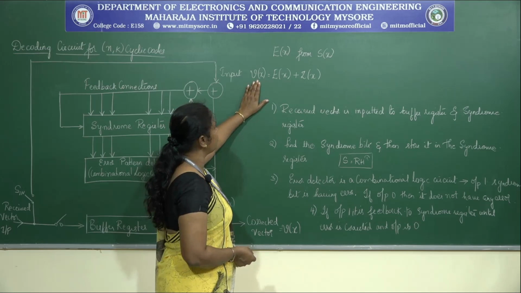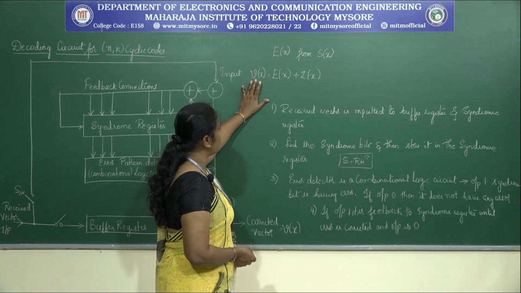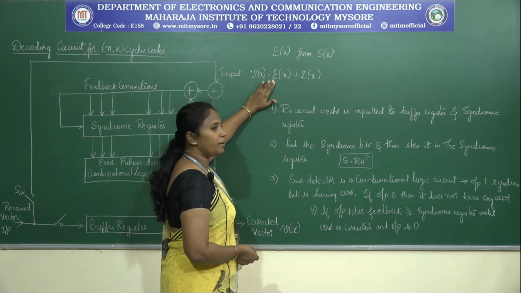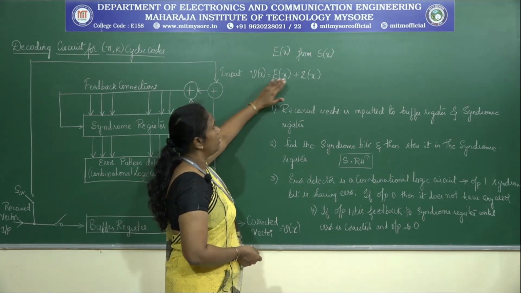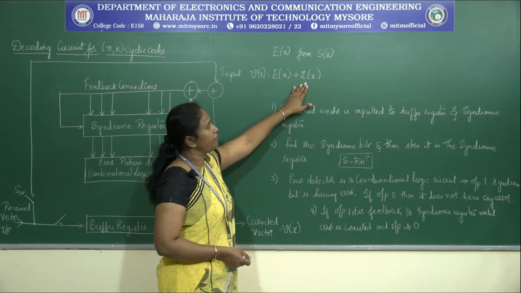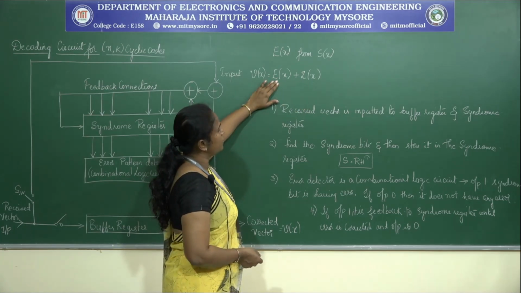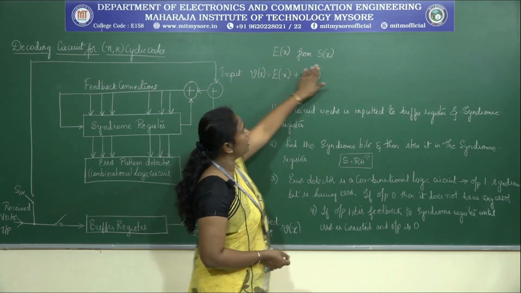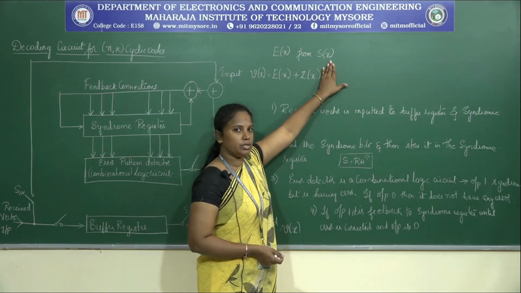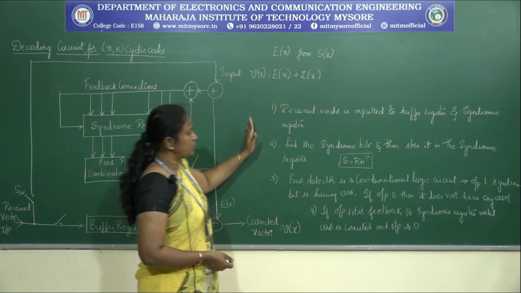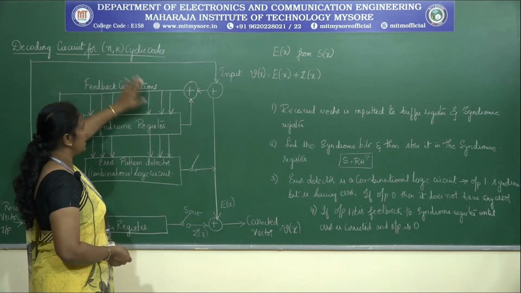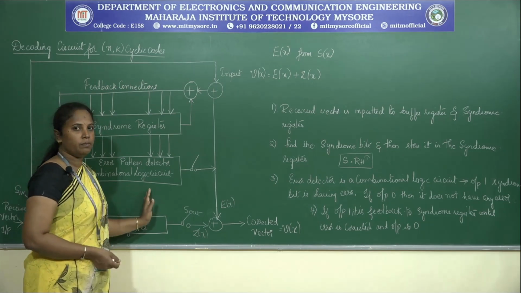Where v of x is your corrected code vector, you are going to get the corrected code vector with respect to your error pattern e of x plus your z of x. Okay. So how are we going to get whether your received vector has error? We are going to detect it from your syndrome register, that is your s of x. Okay. So that is how the process of your decoding operation takes place. So that is done with respect to this particular block diagram.